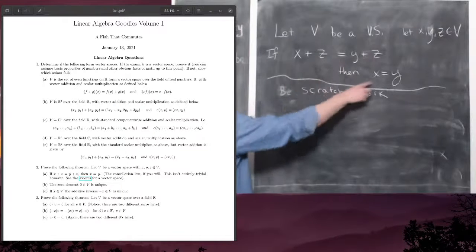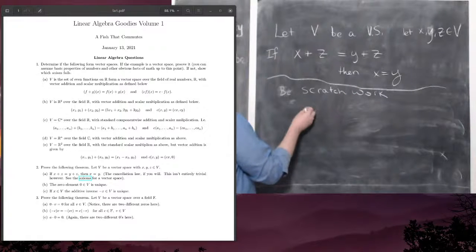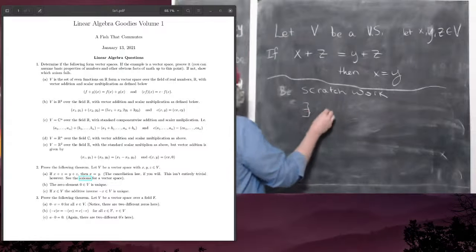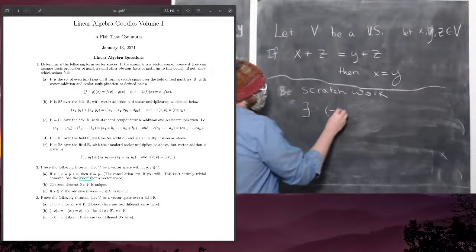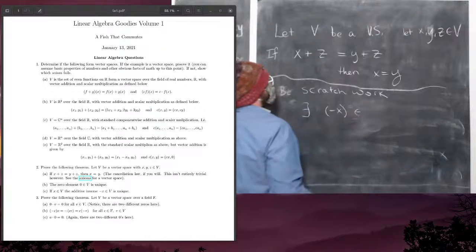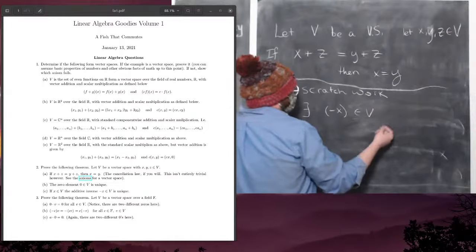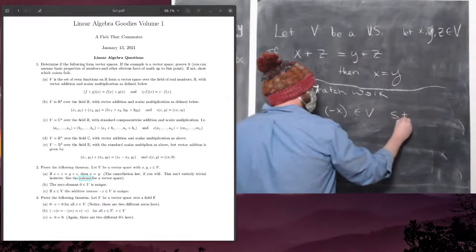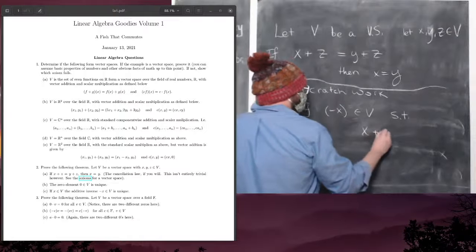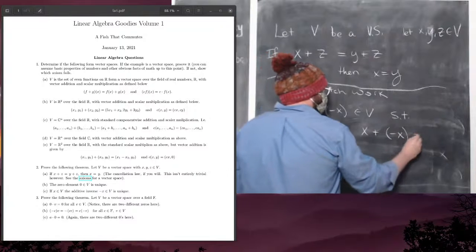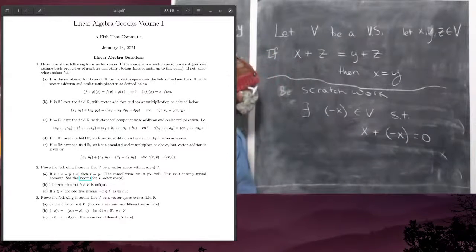We want to show that this is true. What we do know is that because this is a vector space, there exists a, let's call it, negative x in V, such that x plus negative x equals 0.